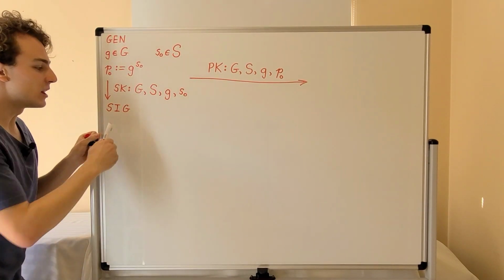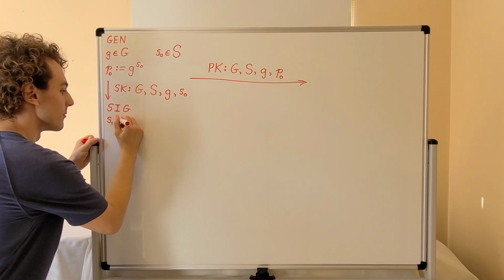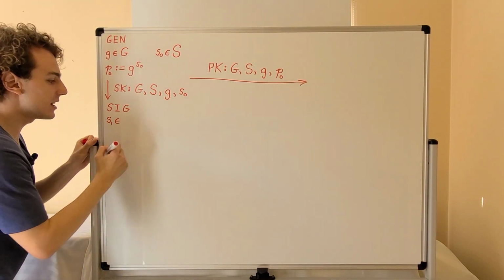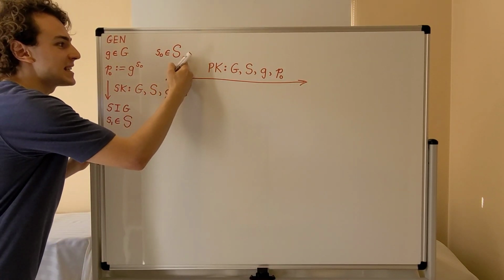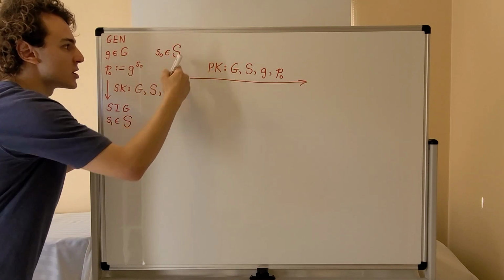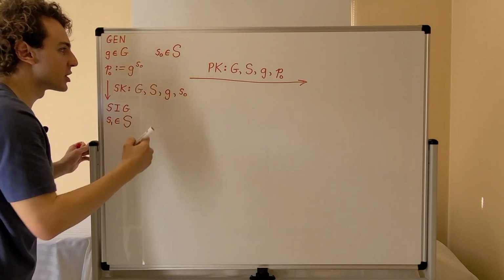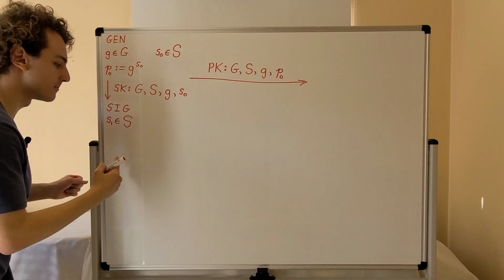Message signing will involve choosing a secret value, S1. We're going to choose that secret value from the set denoted by big S. So that's the same set that we chose S0 from. So from this set, we're going to choose S0 in key generation, and we're going to choose S1 in the signing procedure.